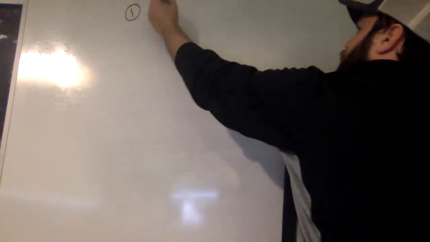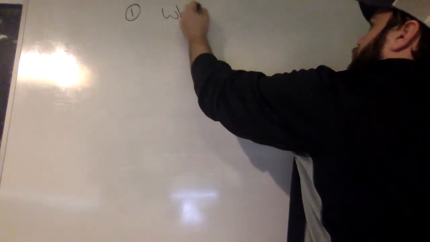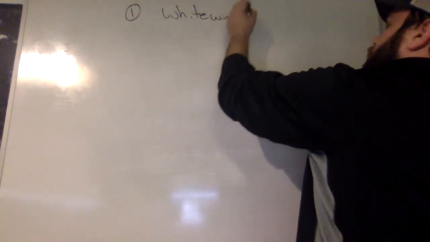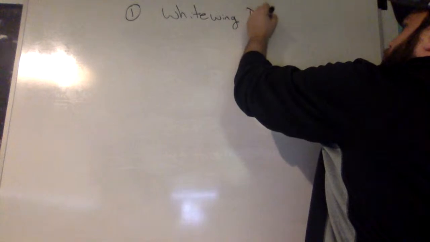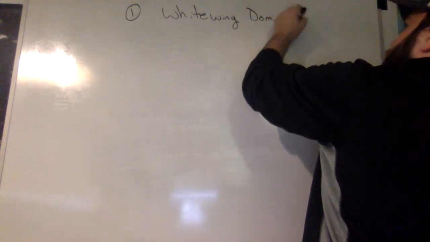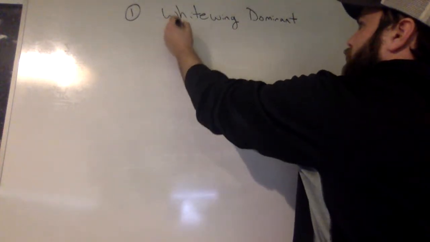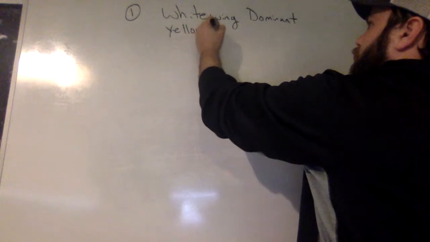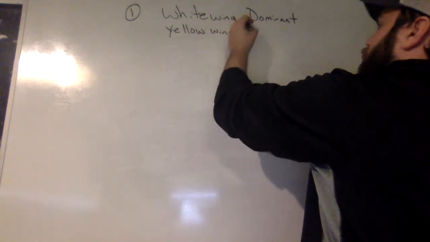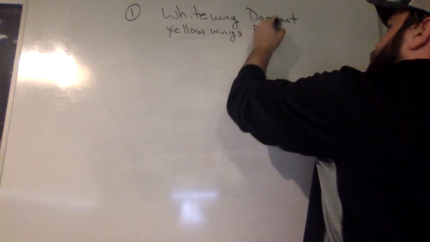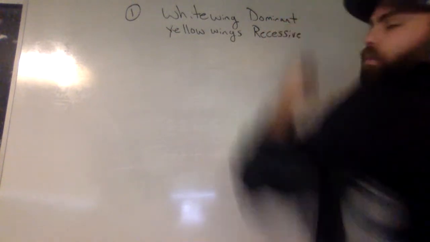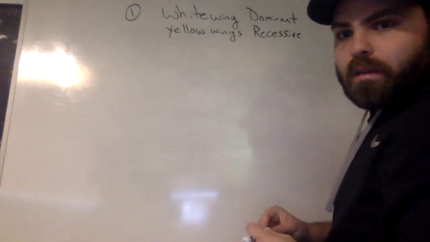So for number 1, white wings is dominant, and yellow wings is recessive.